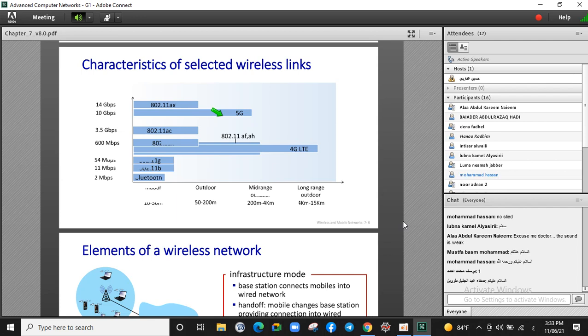Okay, but look at the speeds. When I'm using a Bluetooth wireless link, its transmission rate is about 2 megabit per second. But when I'm talking about 5G technology, the transmission rate is about 10 gigabit per second.